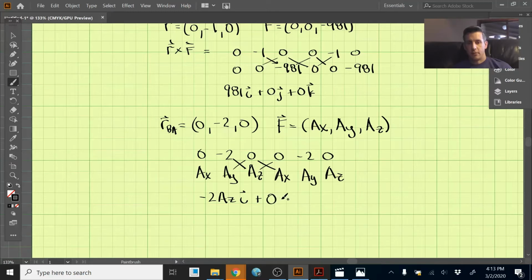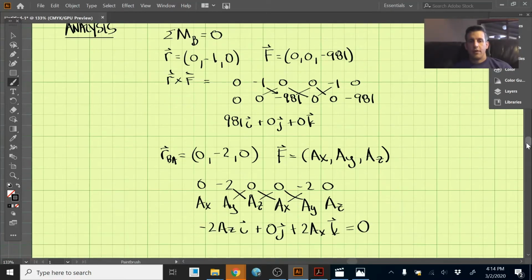So that's 0 in the J. And then lastly, we have 0 times AY minus -2 times AX, and that should be positive 2AX in the K.